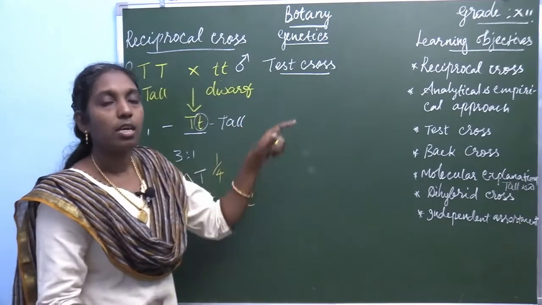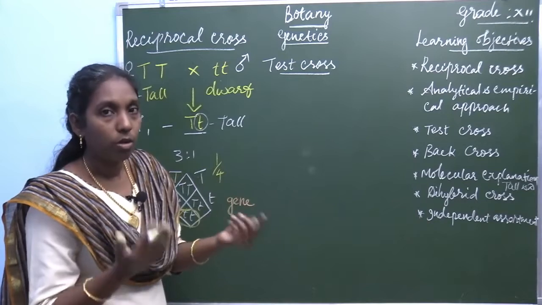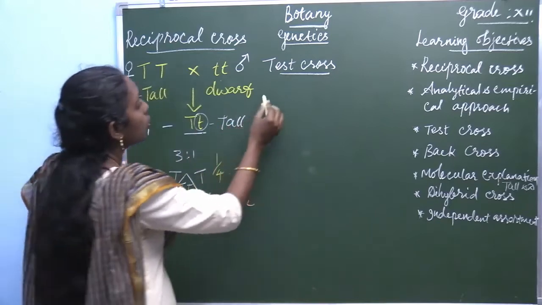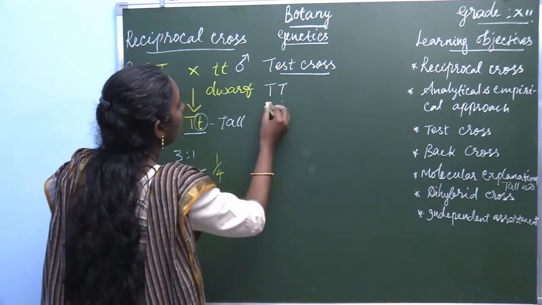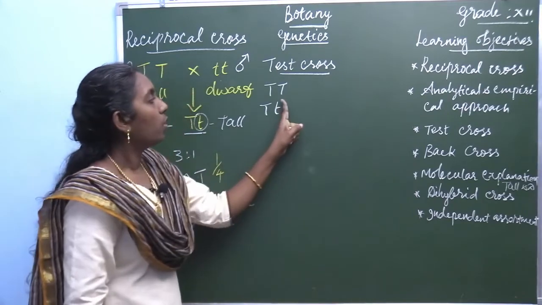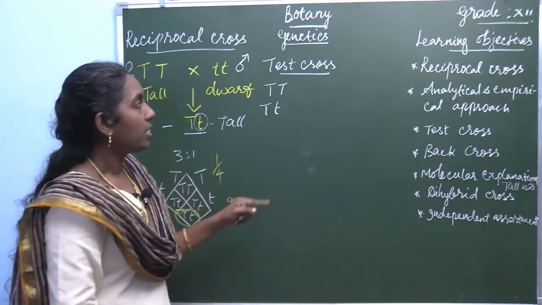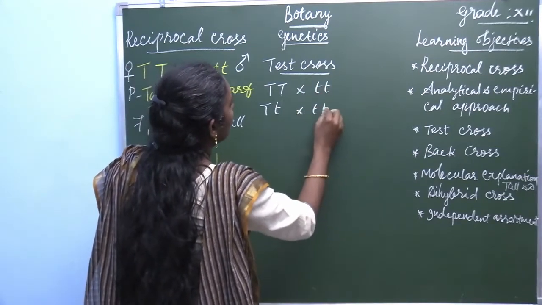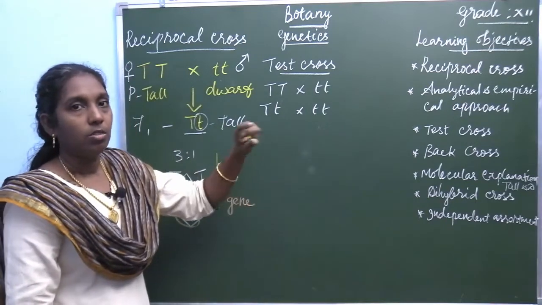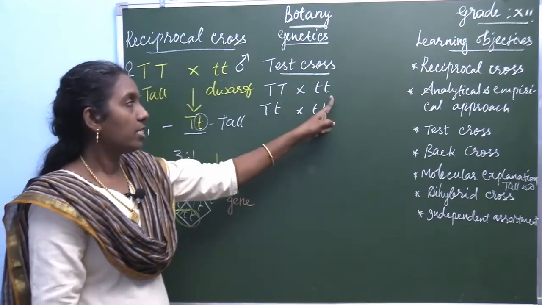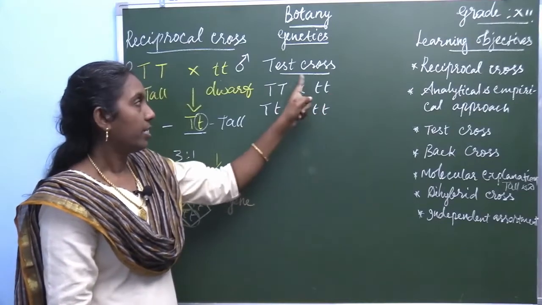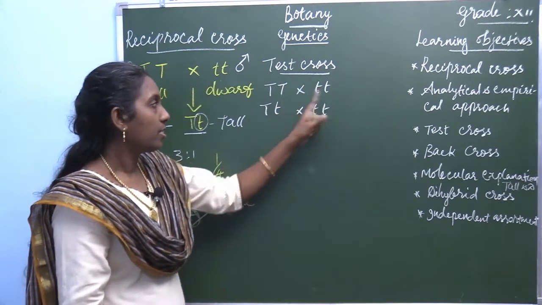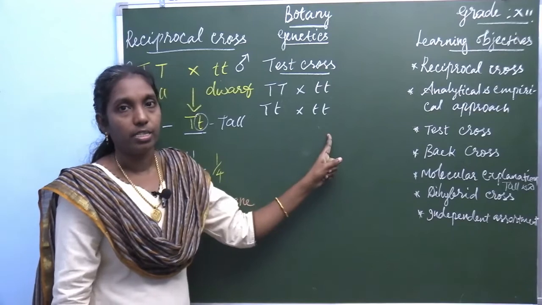So, the unknown form may be capital T capital T or capital T small t. These are the possible genotypes of the tall plants, which are crossed with the recessive parent, that is small t small t. So, an unknown parent crossed with a recessive parent is called a test cross. It shows two different types, homozygous and heterozygous.